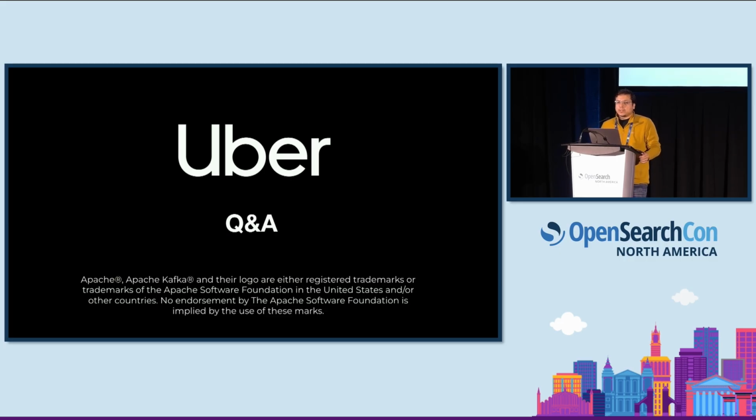Actually, fantastic question. I think that is one of the things that we want to do. We have built a very typed and tight schema at Uber, and that schema is well-oiled with Uber's coding ecosystem. But we have not yet started to contribute it back into OpenSearch.